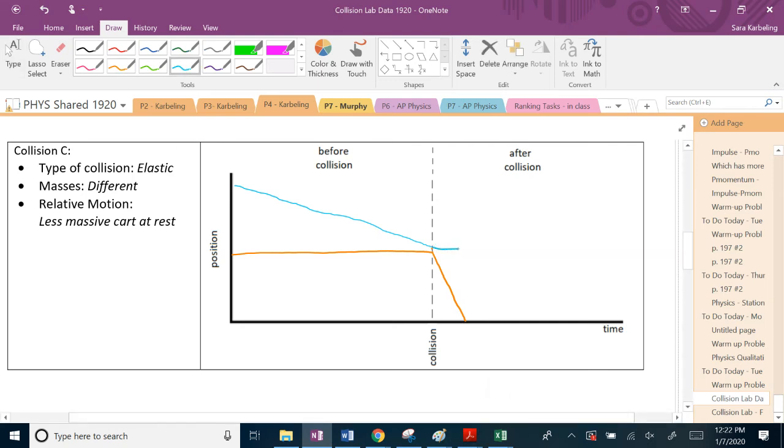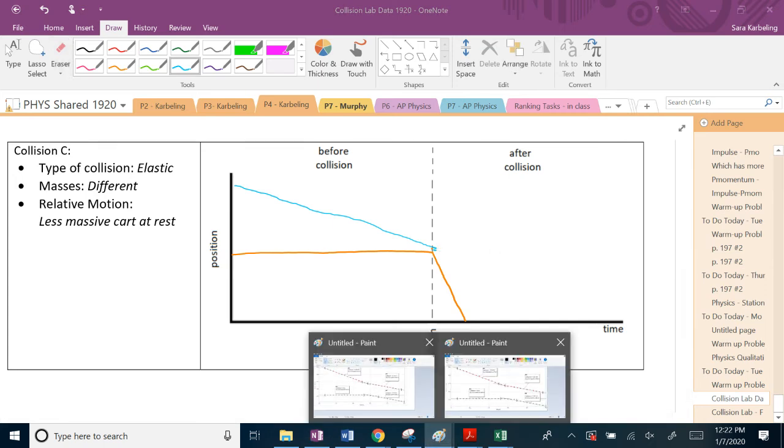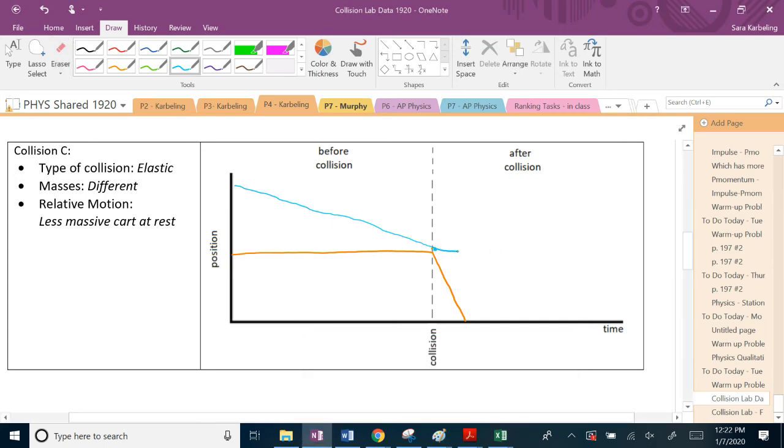So it's going to be something like that. Let me fix it. This is why we like to erase things, right? There we go. Something like this.